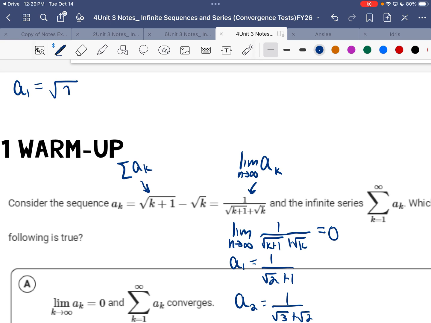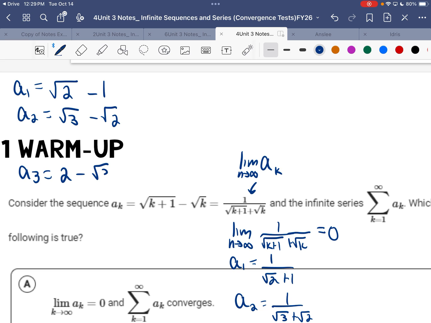This version will be easier, I think, for you to tell. a2 is square root of 3 minus square root of 2. a3 is square root of 4 minus square root of 3. Then square root of 5 minus square root of 4. Okay, so S1 would be equal to a1, right? And it's just square root of 2 minus 1.